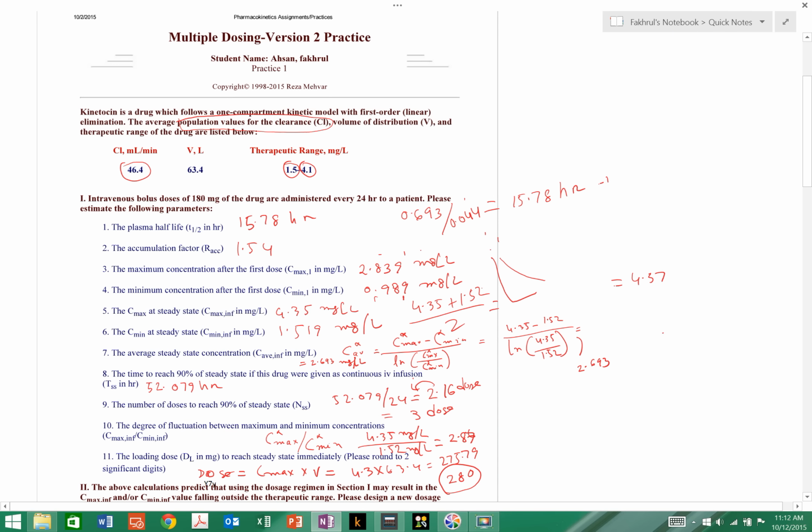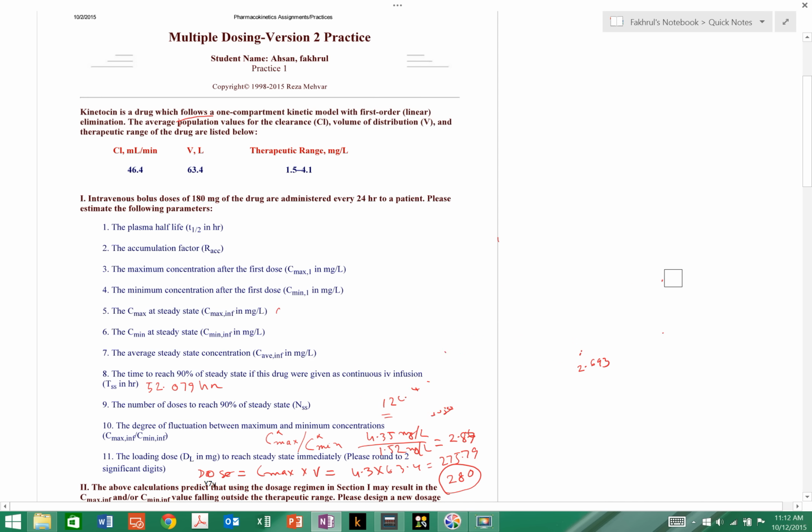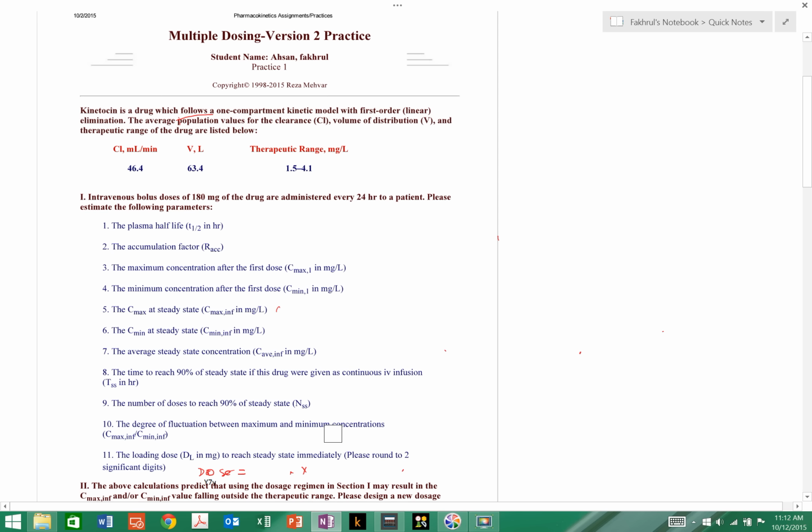Hello, so I'm going to go over this calculation again with you in a clean slate, so that you understand everything, which equation to use and what not to use to avoid confusion. So here we go. First you have to calculate T half, you must calculate K. To calculate K, you have to use that equation.